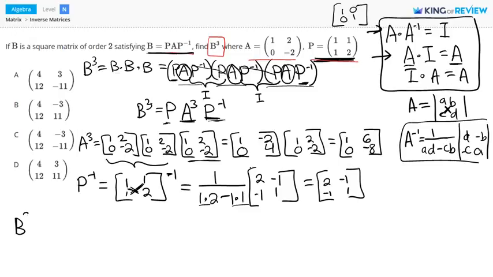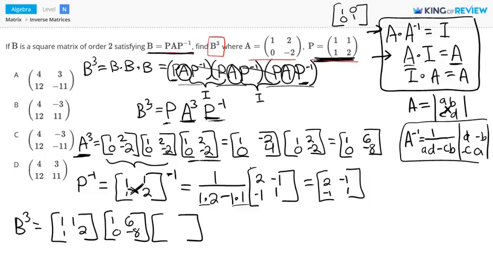So B cubed is equal to P, that's 1, 1, 1, 2. Then we have A cubed. We figured that out here. So that is 1, 6, 0, negative 8. And then we have P inverse, which we figured out here. That's 2, negative 1, negative 1, and 1. So let's multiply these out. We'll start by multiplying these two together.